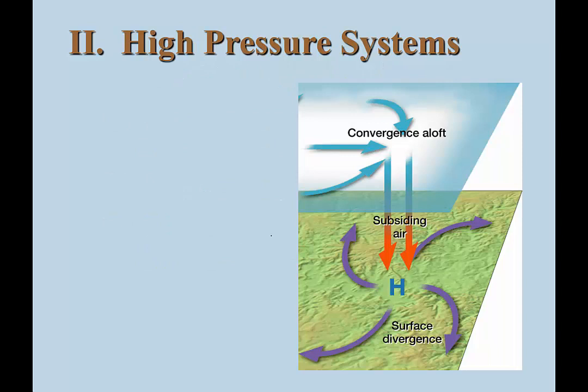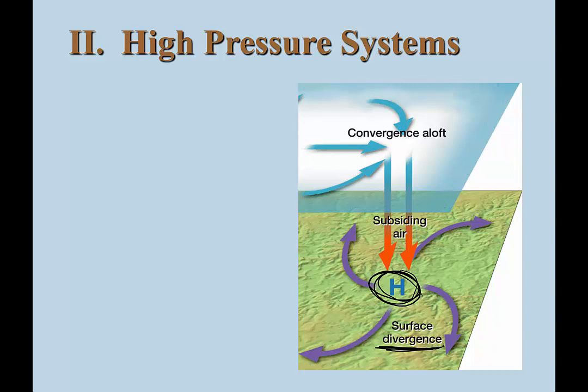We're going to contrast this with a high pressure system. High pressure systems are denoted oftentimes with the letter H, that's blue. A high pressure system is associated with air that is sinking, or subsiding is the term that they use. When that sinking air reaches the surface of the Earth, it moves outward.